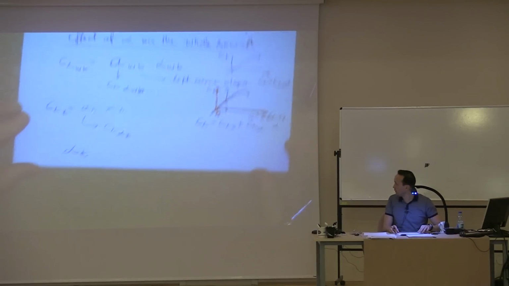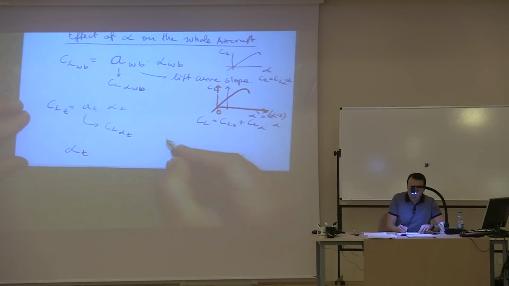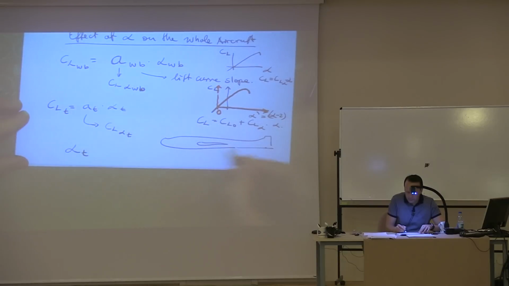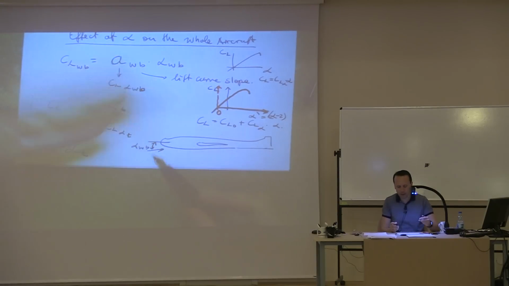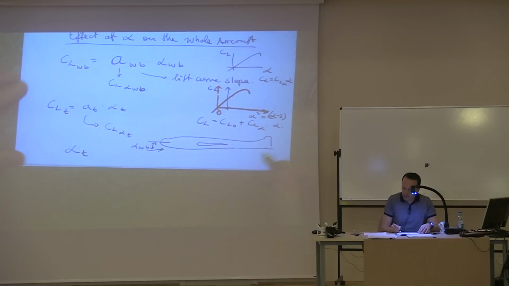You know, you have the airplane, and you have the wing, and then the airplane has an alpha, and this alpha we call the alpha wing body, the alpha for the wing body, okay? And sometimes the wing has its own attachment angle of attack, so you need to add that to this number, whatever.